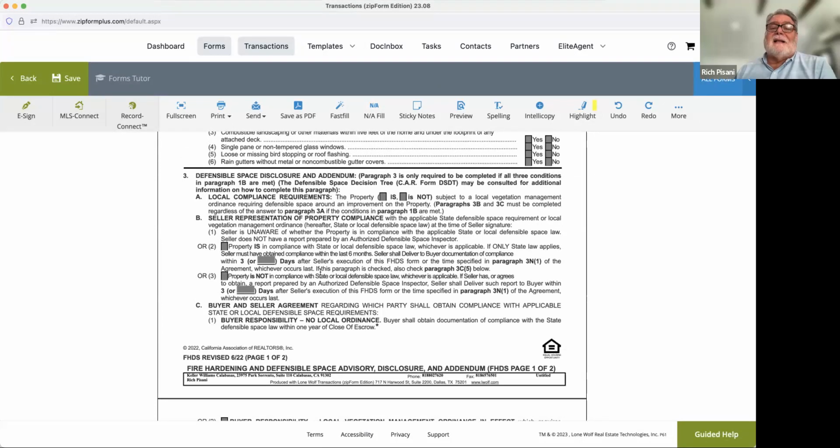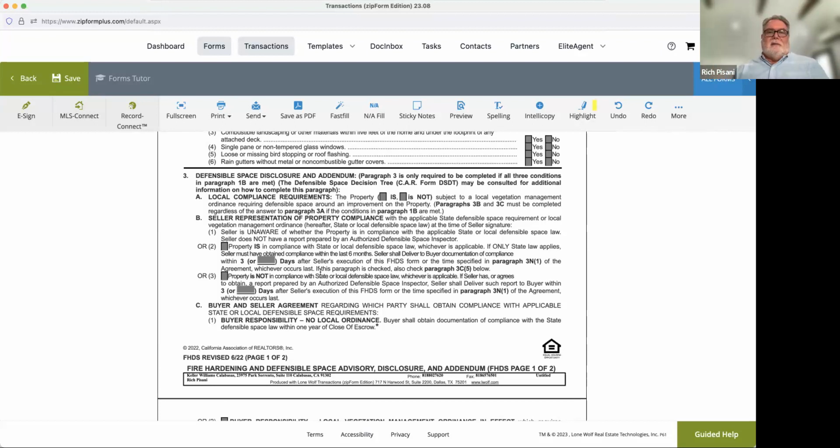No, the NHD will not tell you whether there is a local ordinance. The seller will have to know whether they are required by local ordinance. My example, Burbank Hills, there is a local ordinance that you have to clear brush around your property.